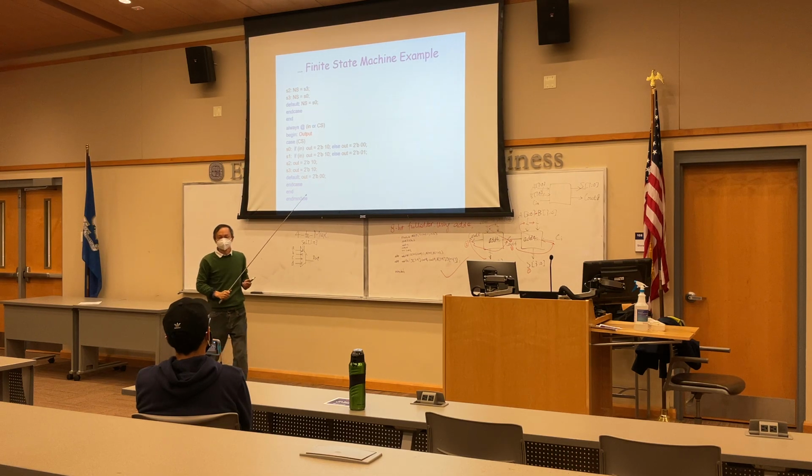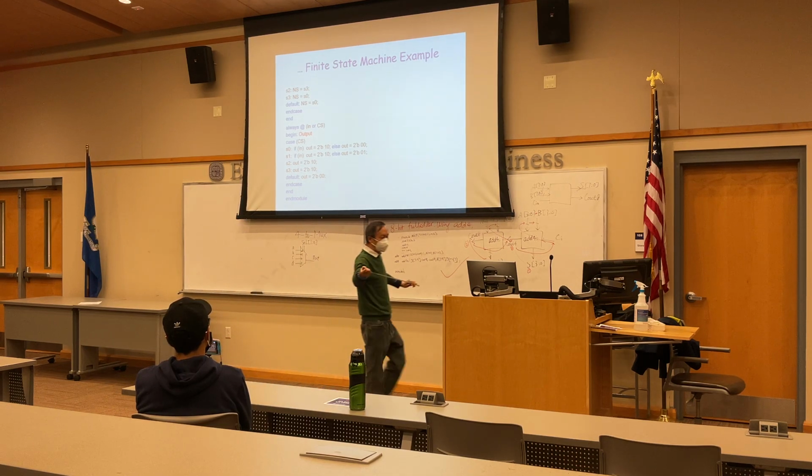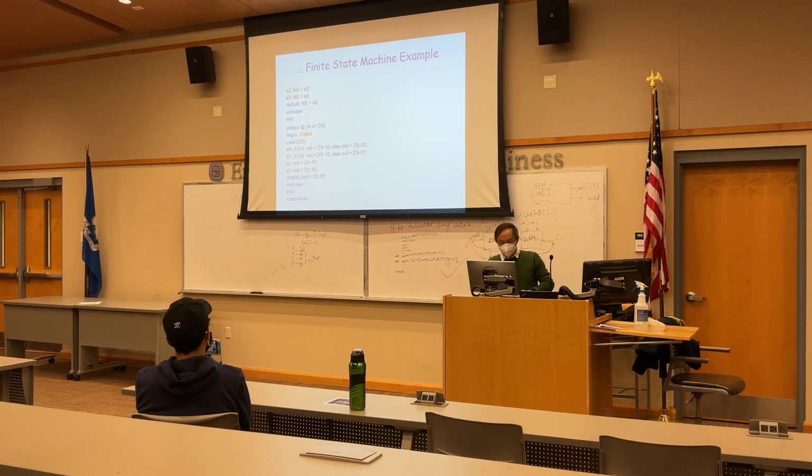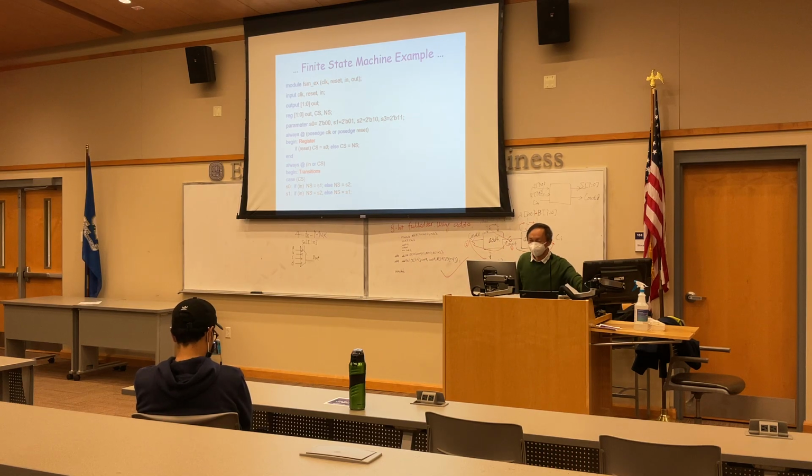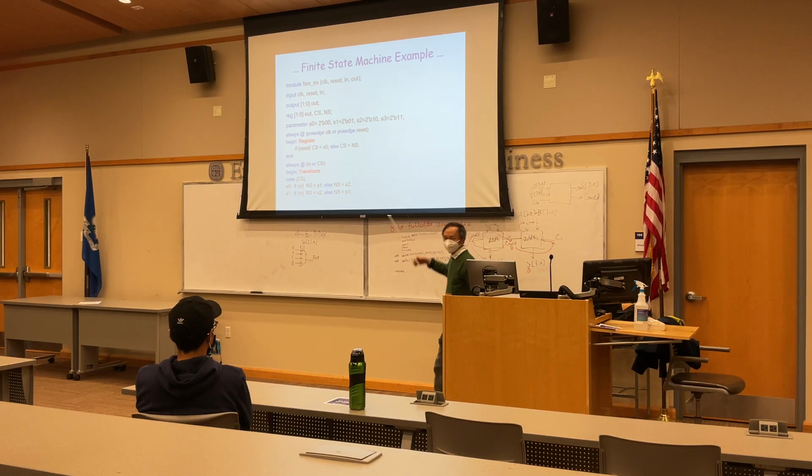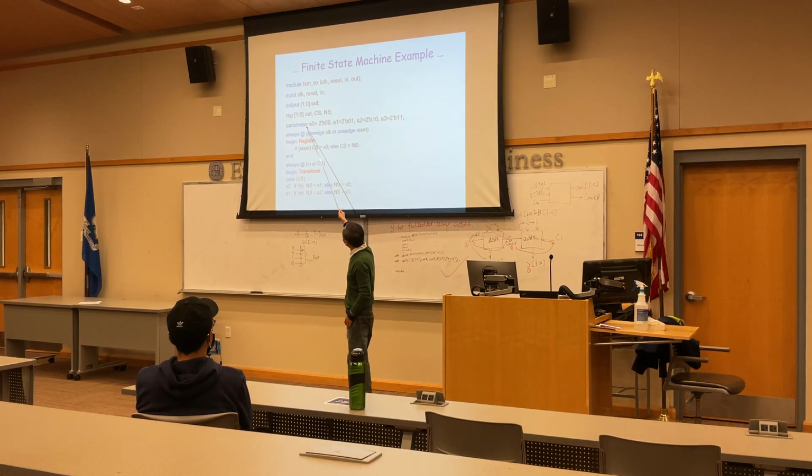Okay, done. So you see the whole procedure, just like our sequential circuit design. What are the steps here? Step number 1, state assignment. Step number 2, reset and state transition.